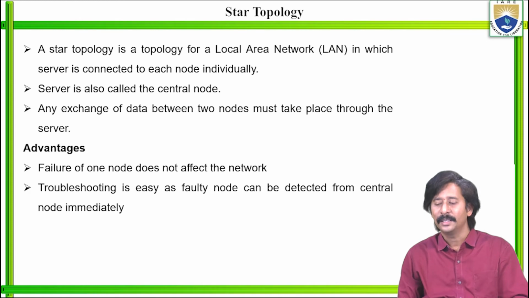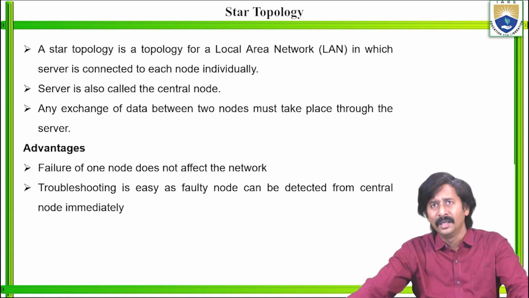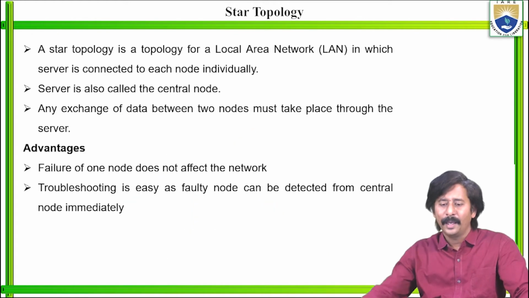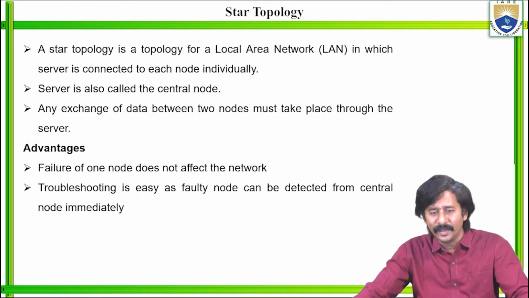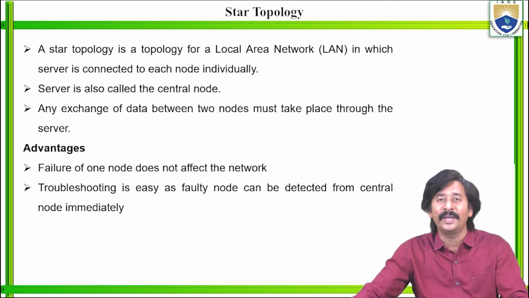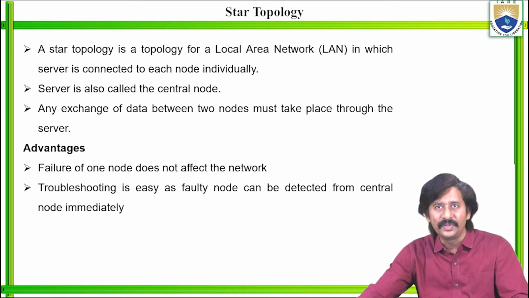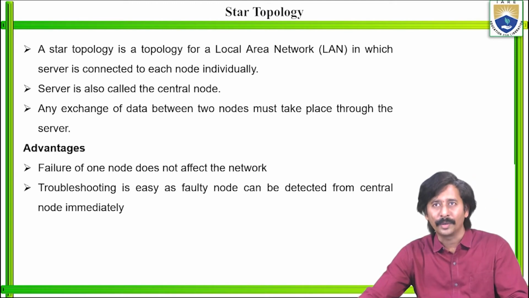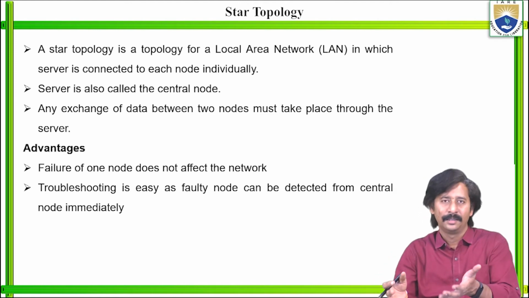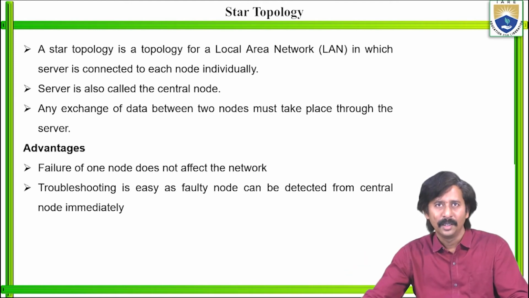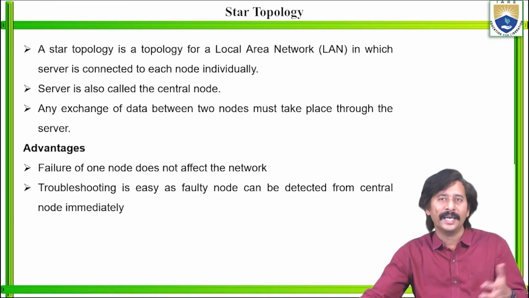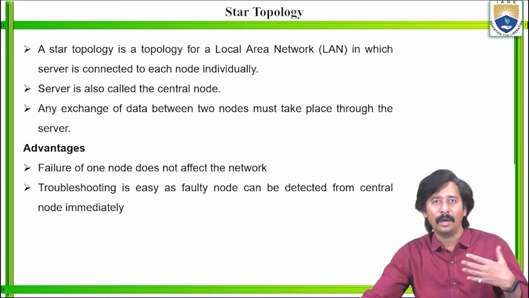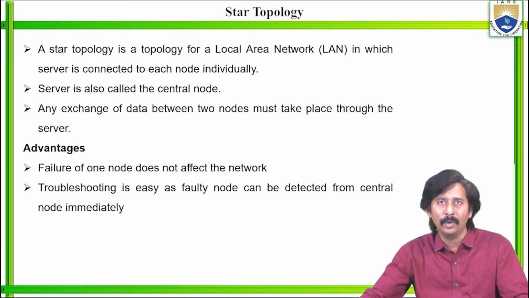Then coming to the next one, star topology. We know this star topology is a topology for a local area network in which the server is connected to each and every node individually. Here the server node is called the central node. Whenever I need to communicate with my friend, myself and my friend are normal nodes.